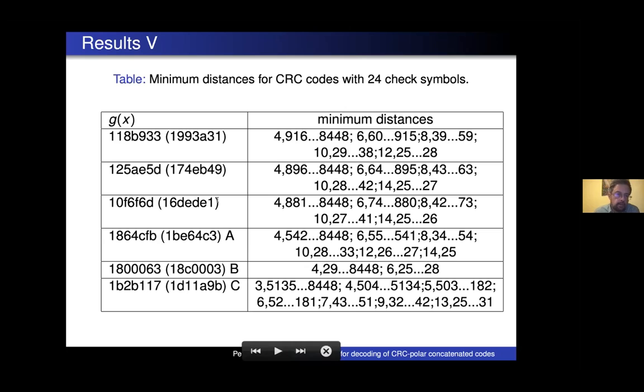Saying this, if we are comparing this polynomial with that one, it is, let's say, better in more than 90% of the cases, but it is not better in all cases.